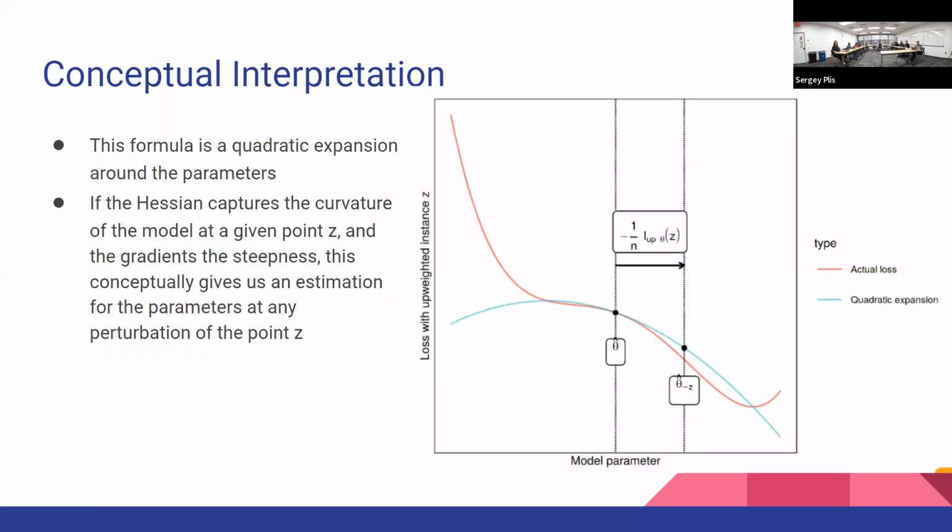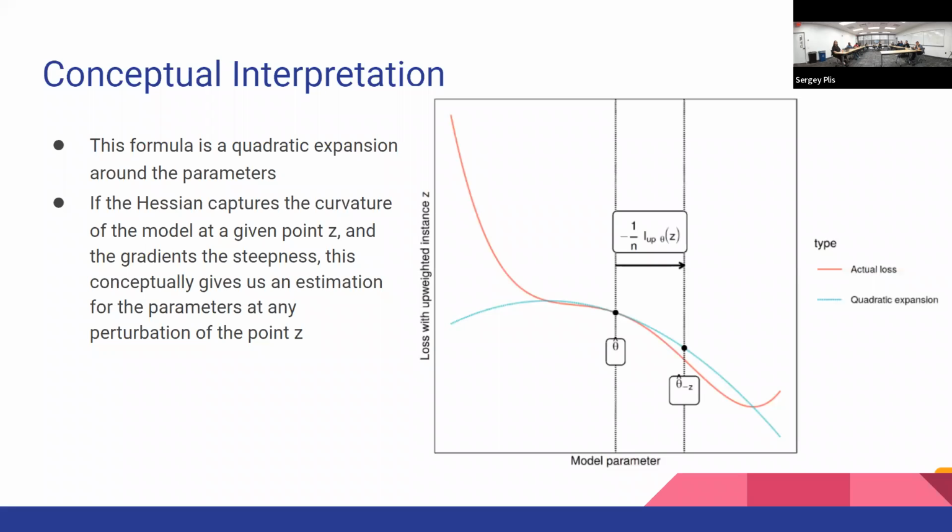Conceptually, just looking at the gradients of this sample with respect to the sample, they're not going to tell us much. They're not going to change the model in a way that matters. If you look at this diagram, you see the actual loss and the quadratic expansion. So this Hessian multiplied by the gradients, the inverse Hessian, actually, that's important.